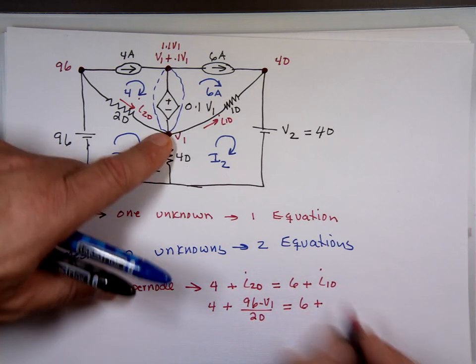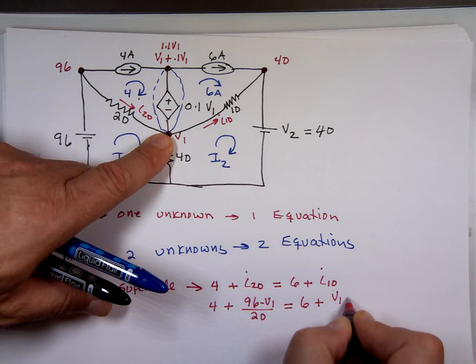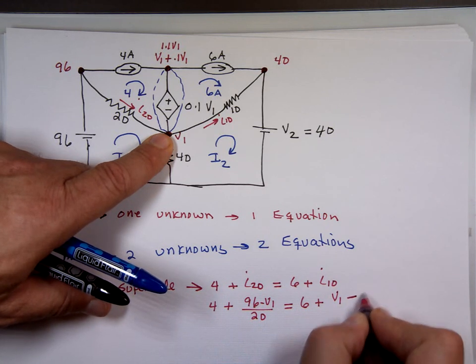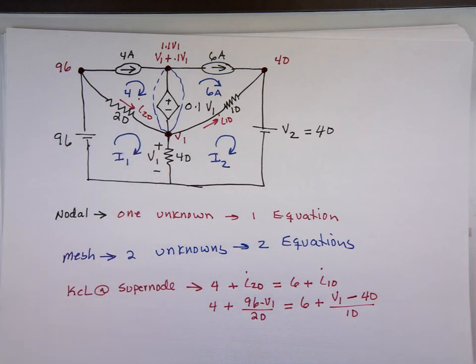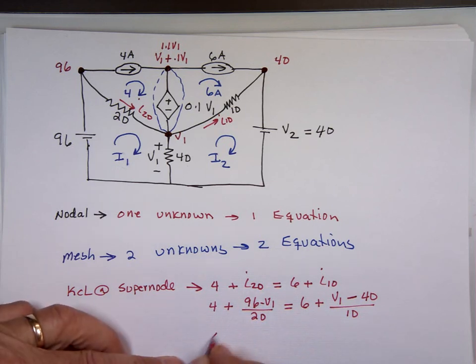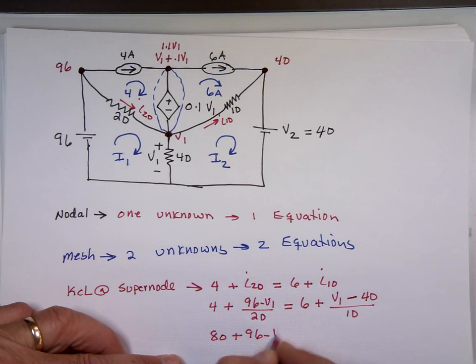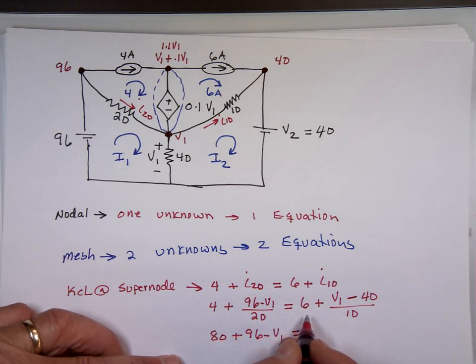which is V1 minus 40 over 10. My LCD will be 20. 20 times 4 is 80, plus 96 minus V1. 20 times 6 is 120, plus 2V1 minus 80.